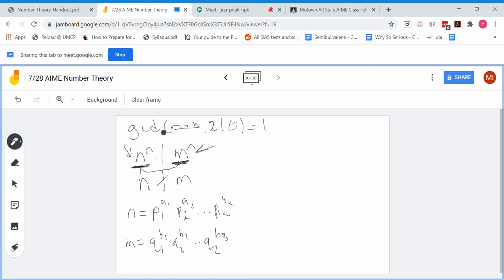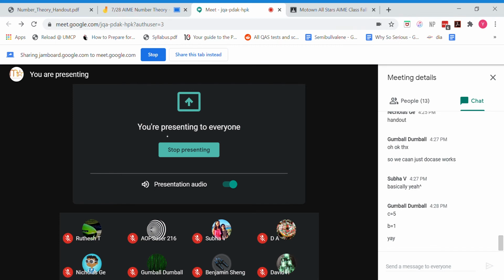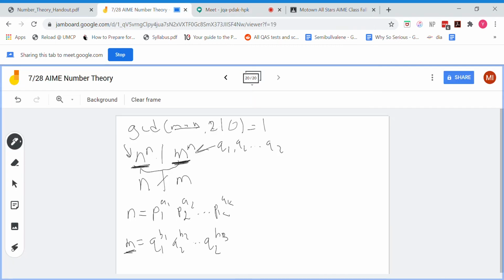And so every prime that divides m to the power of m is just every prime that divides m. So the primes that divide this are q1, q2, and so on. And all of these must be prime factors of n to the power of n. And the prime factors of n to the power of n are just the prime factors of n, right? So the prime factors of n to the power of n are p1, p2, all the way to pk.